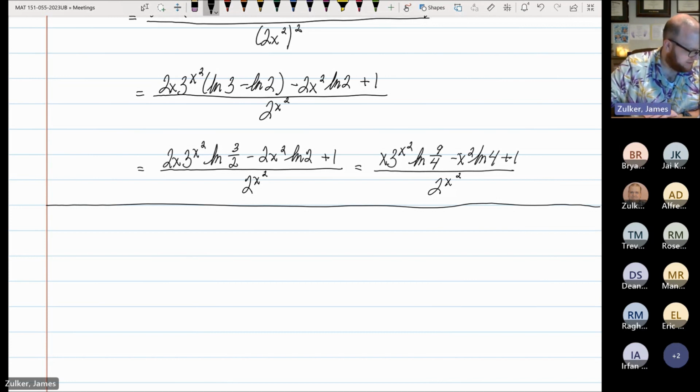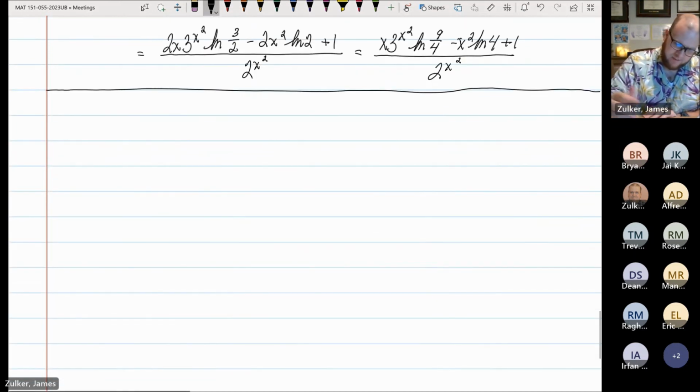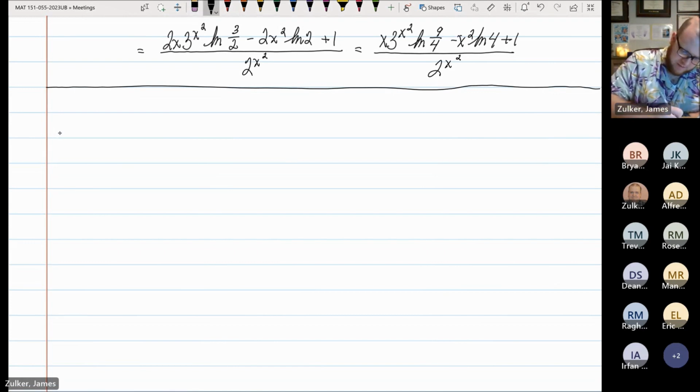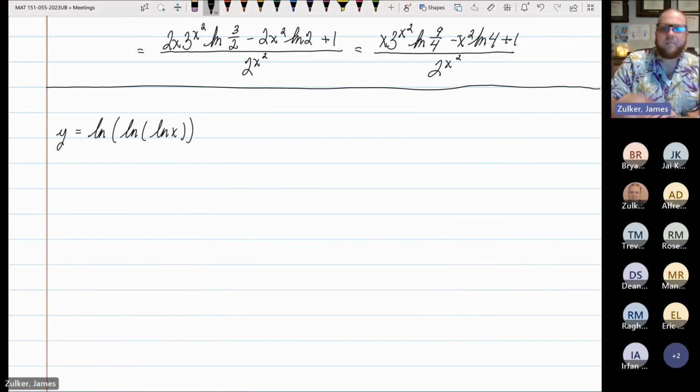Let's look at a nested natural log. We want to find y prime.